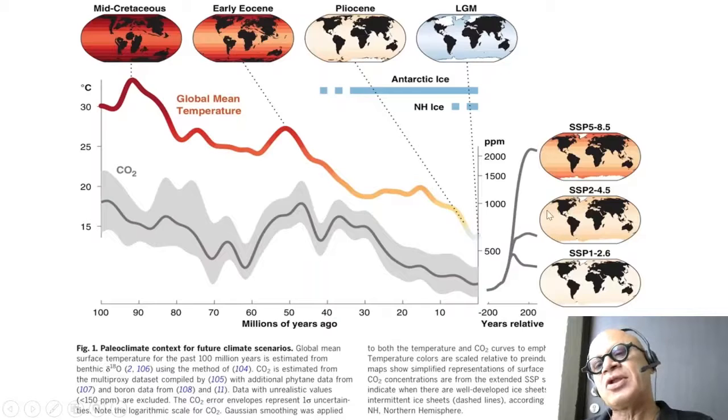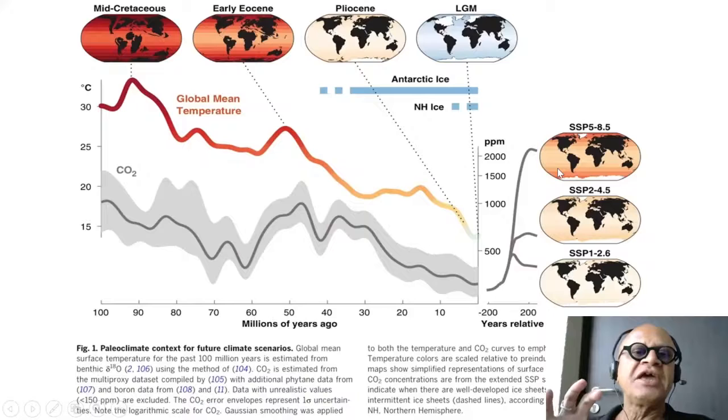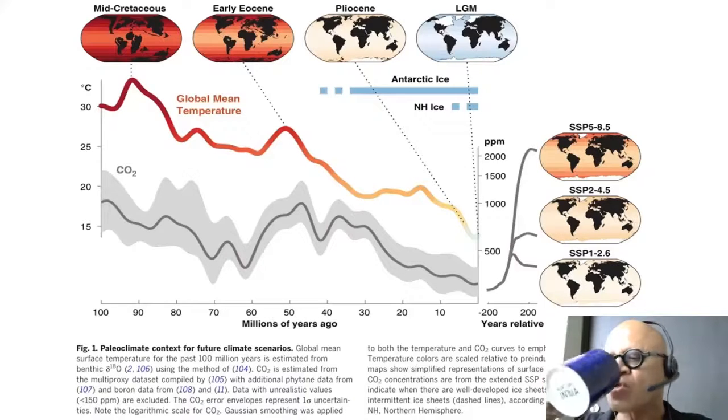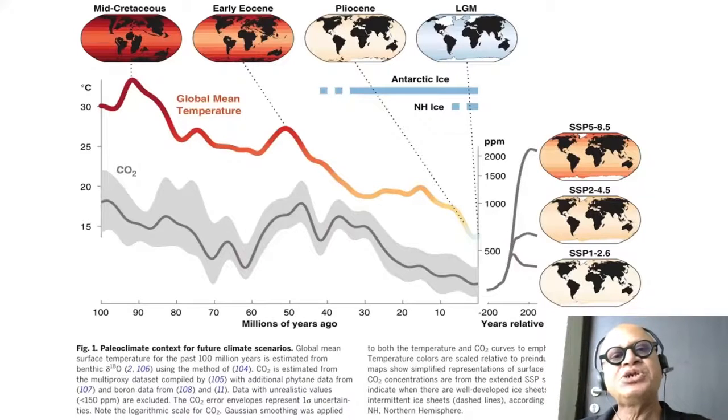We have been talking about RCPs, the representative concentration pathways. Recently, something called shared socioeconomic pathways have been created, which include mitigation and adaptation options to create what are the choices societies will face based on the RCPs.